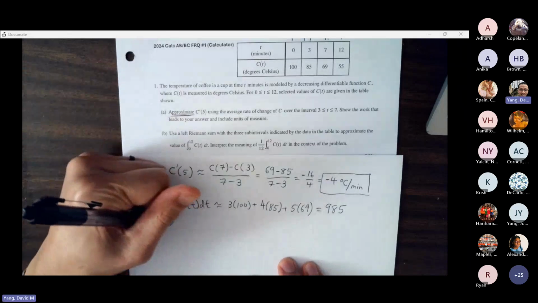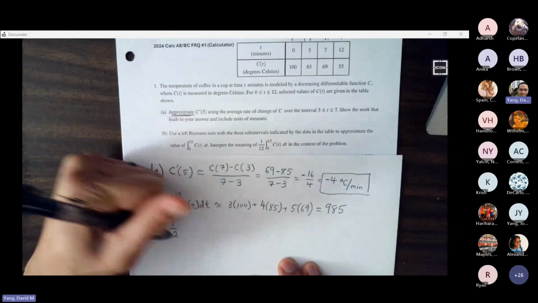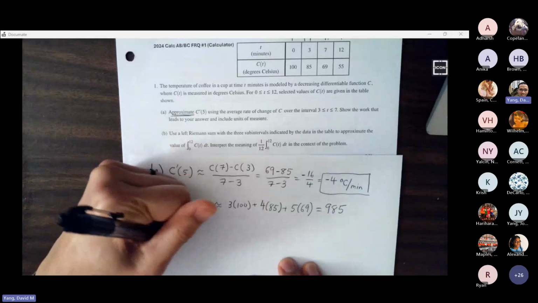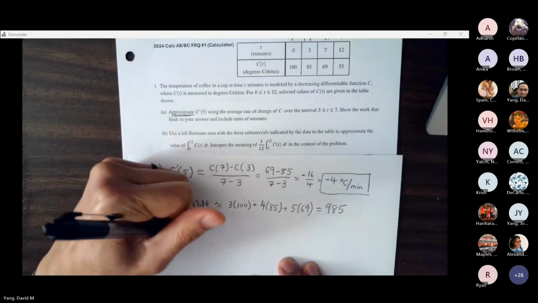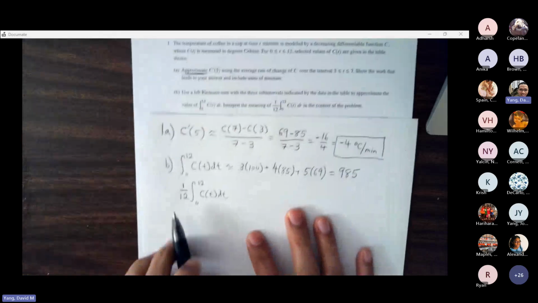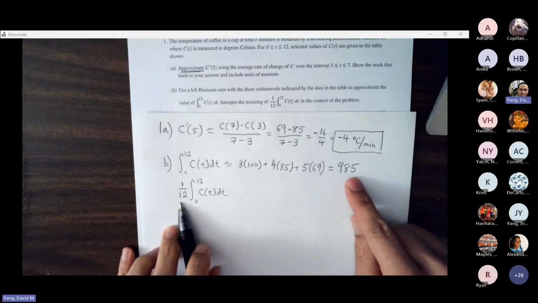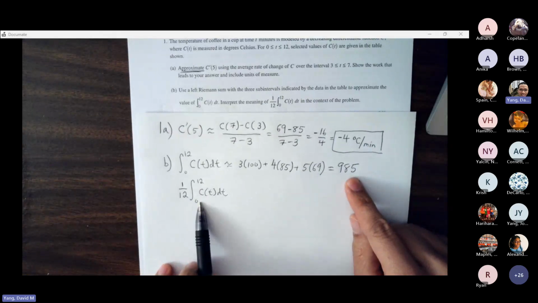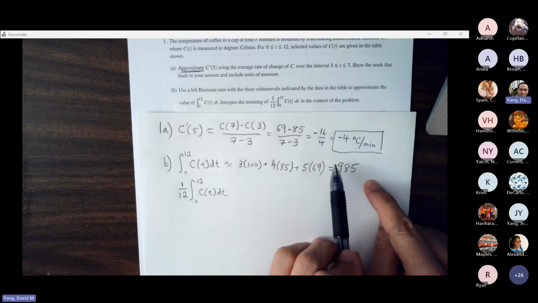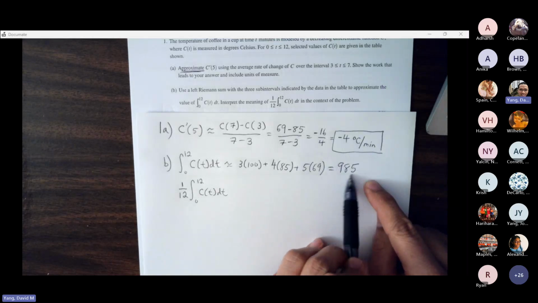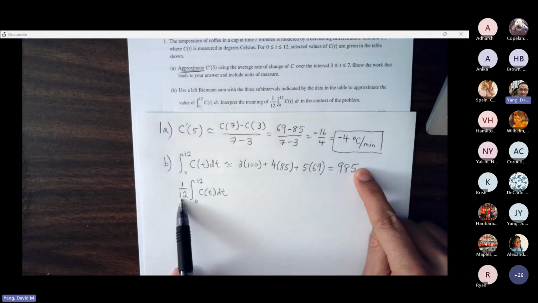And now we want to talk about what this is going to tell us. It gives 1/12 of the integral from 0 to 12 of C of t dt. This is basically in the form of 1 over b minus a, times the integral from a to b of our function. Essentially, we're taking this value and dividing it by 12.